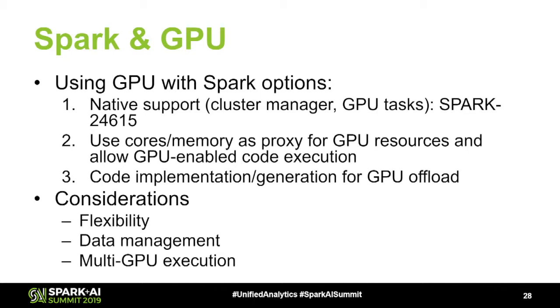So option 2 is about letting Spark kick off a task that knows how to use GPUs. From Spark's point of view, it is completely a black box. It just kicks off this task and lets the task use the GPU the way it wants. So the only thing Spark does is give it a GPU.